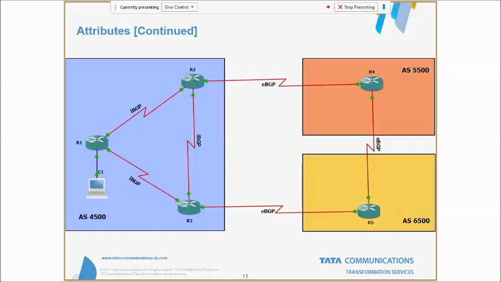It checks the origin of the route. There are 3 types in origin, which are IGP, EGP, and incomplete. It just checks whether the route is redistributed, or it's from a network command, or it's from the Exterior Gateway Protocol. So IGP is preferred over EGP and incomplete.